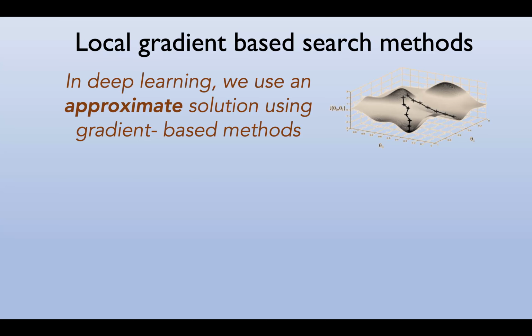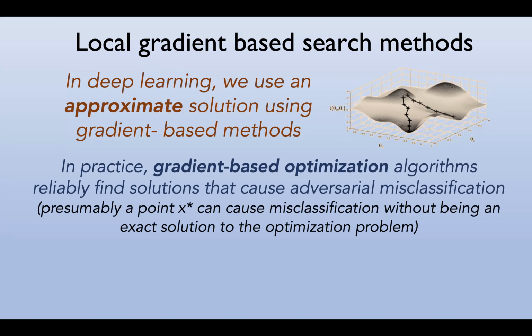This is an example of a local gradient-based search method. We can use an approximate solution using gradient-based methods. We know that gradient-based optimization algorithms can easily find a solution, but it is not guaranteed to be optimal.